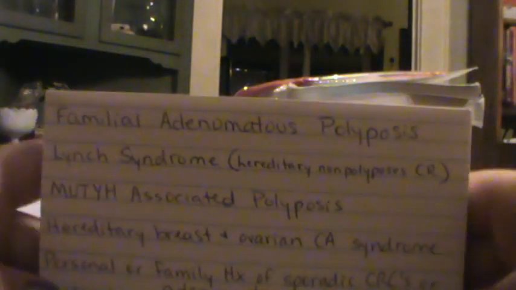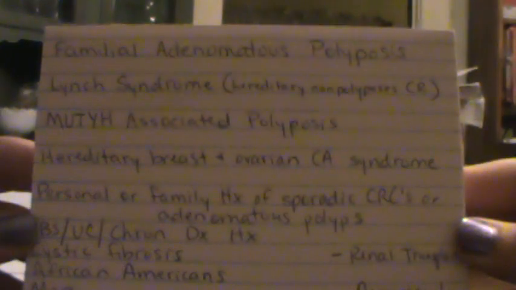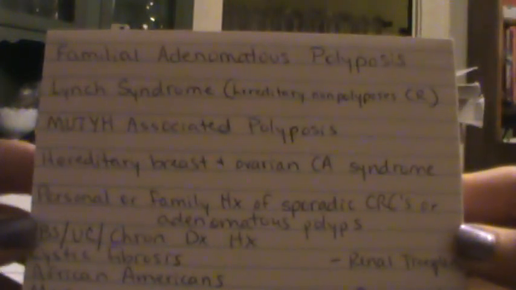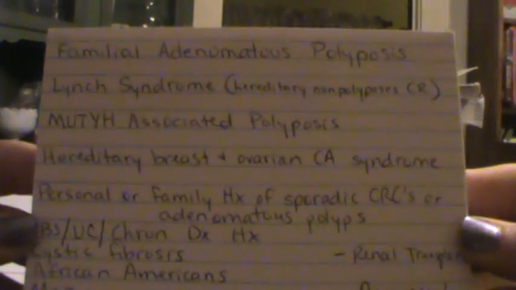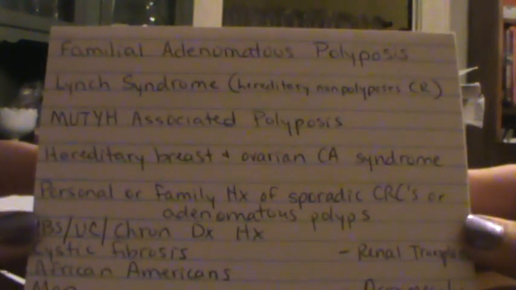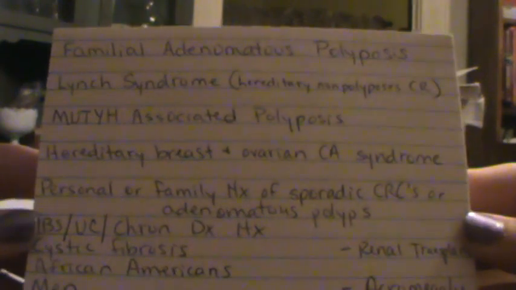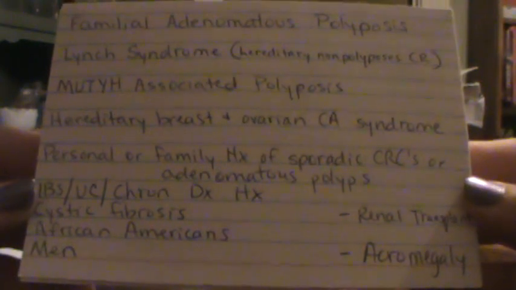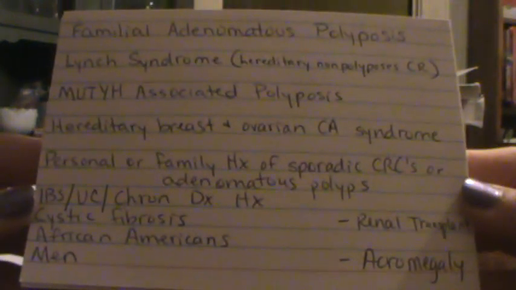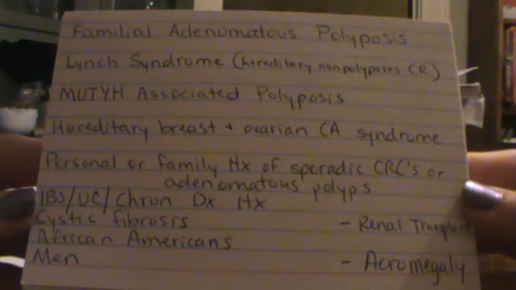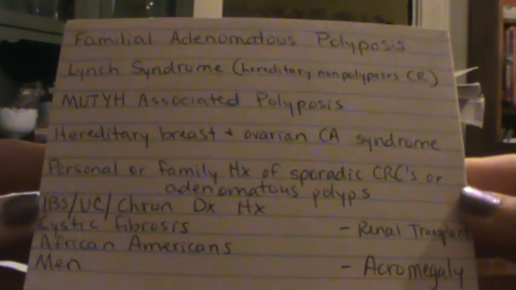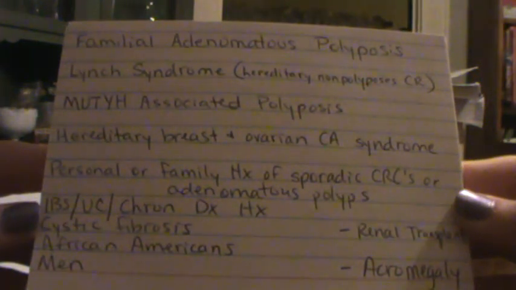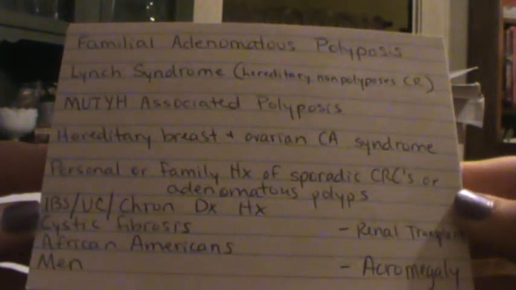These risk factors are all hard to say, and they include familial adenomatous polyposis, Lynch syndrome, MUTYH-associated polyposis, hereditary breast and ovarian cancer syndrome, personal or family history of sporadic colorectal cancers or adenomatous polyposis, irritable bowel syndrome, ulcerative colitis or Crohn's disease history, cystic fibrosis.